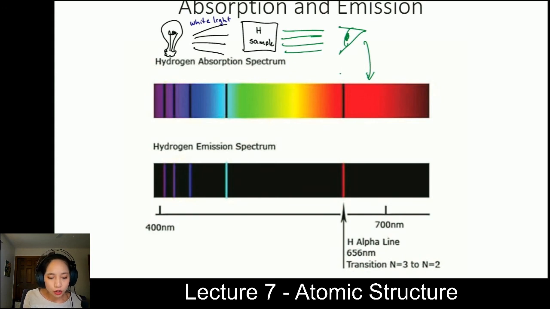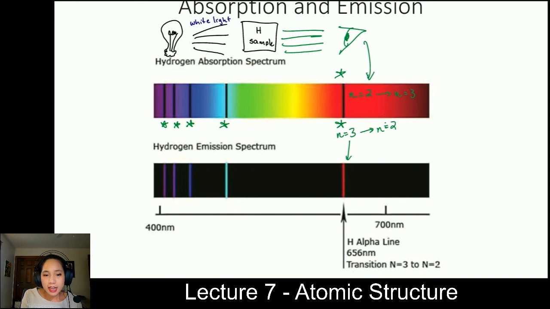Because at these certain wavelengths, all of these correspond to certain energy level transitions, right? This was our n equals 3 to n equals 2. So now in the absorption spectrum, we're sending an electron going up the ladder. In the emission spectrum, we're going from n equals 3 to n equals 2, but in the absorption spectrum, we are going from n equals 2 to n equals 3.